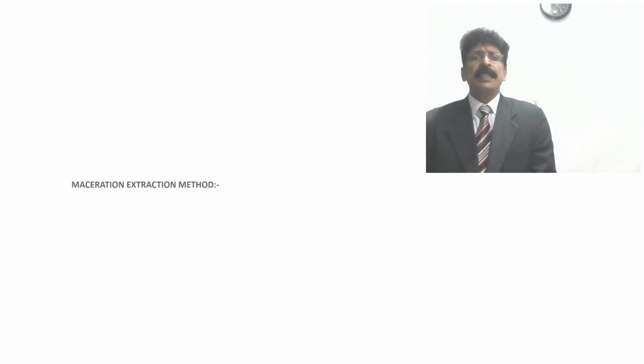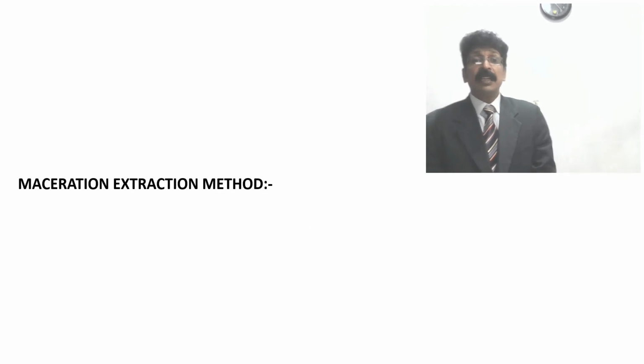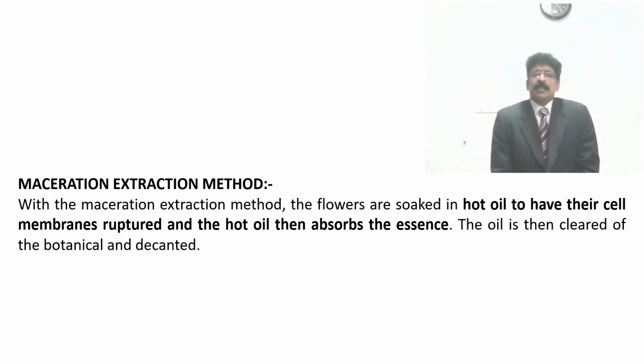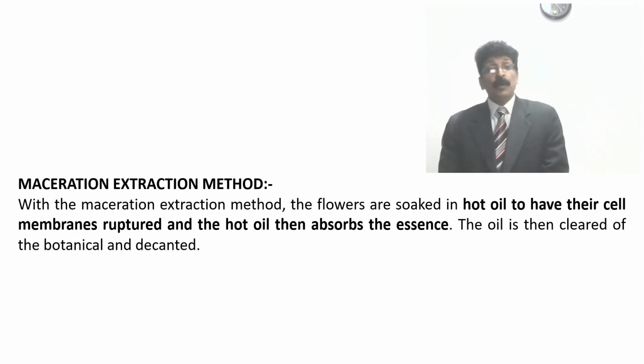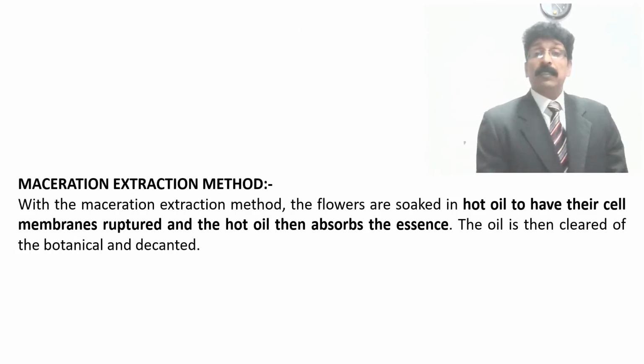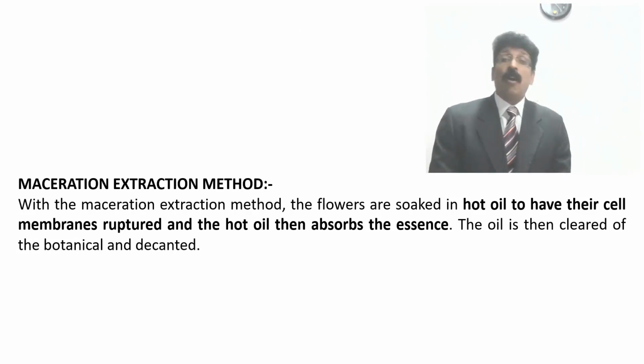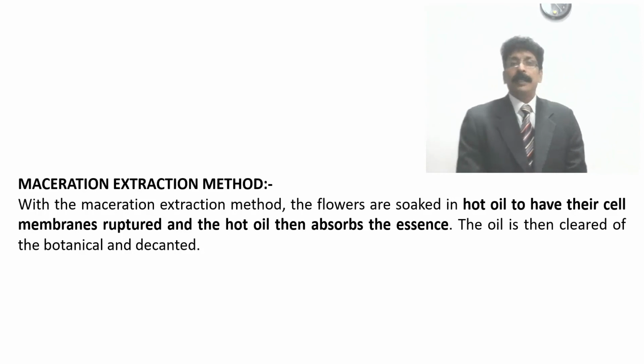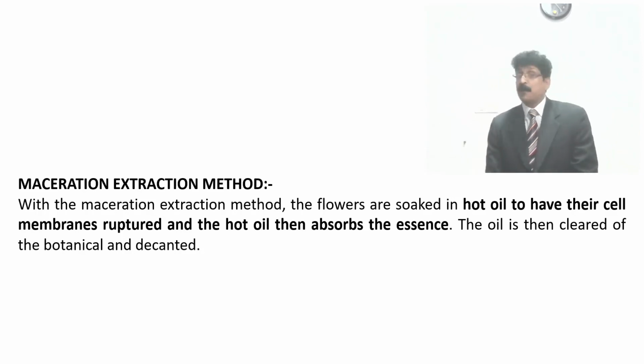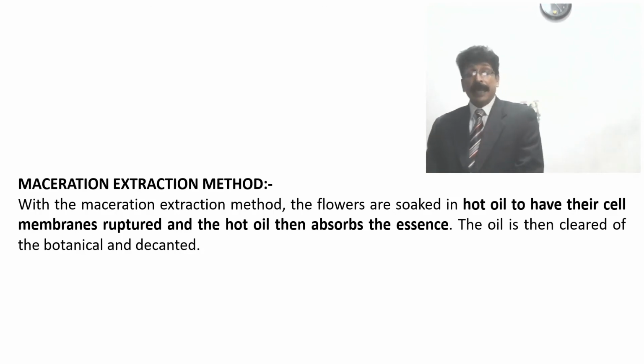And also we can see this is a maceration extraction method. In simple maceration, cold or hot, flowers are soaked in hot oil to rupture their cell membranes, and the hot oil then absorbs the essence, and from the oil you can get it separated.